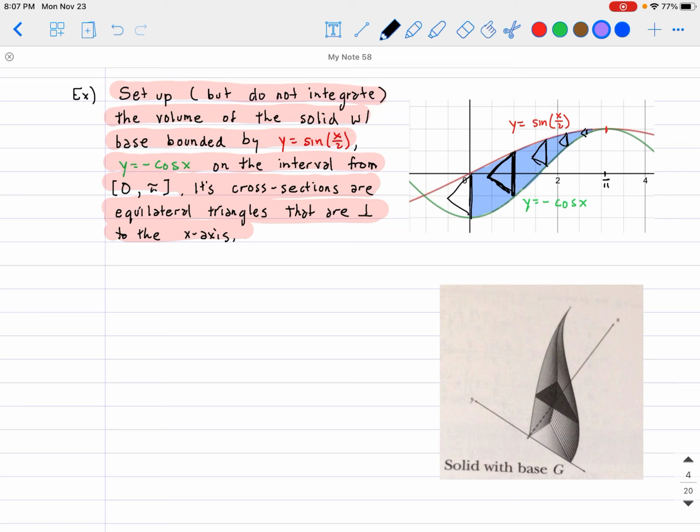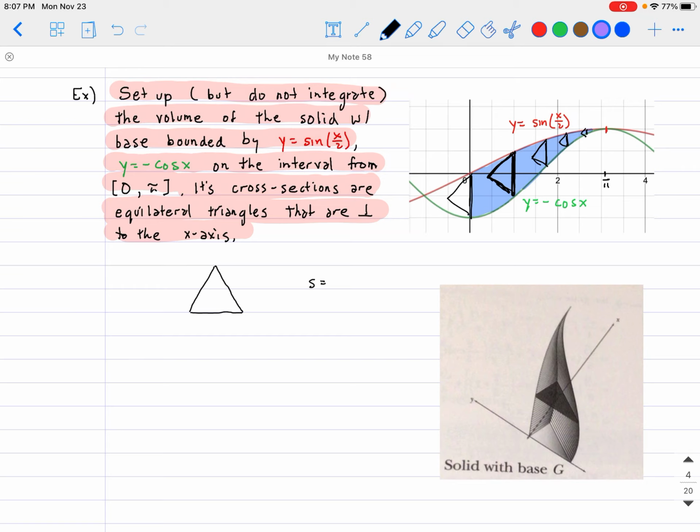But again, like I said, the setup is actually not too bad because we have pretty much everything that we need. So first, we're going to take the cross section that we need, and find the volume of it. This is supposed to be an equilateral triangle. If it helps, let me do this on the side right now.